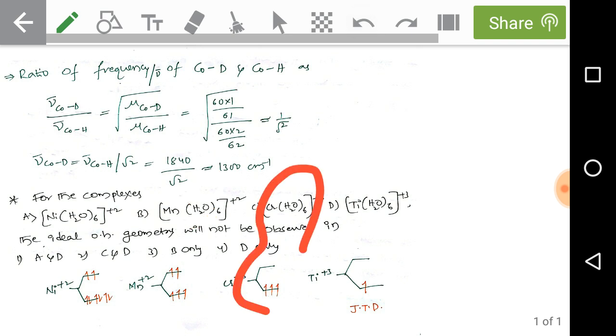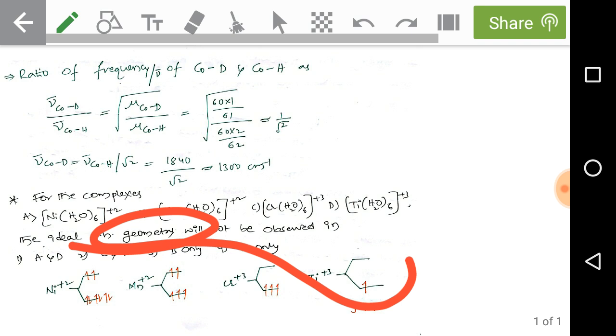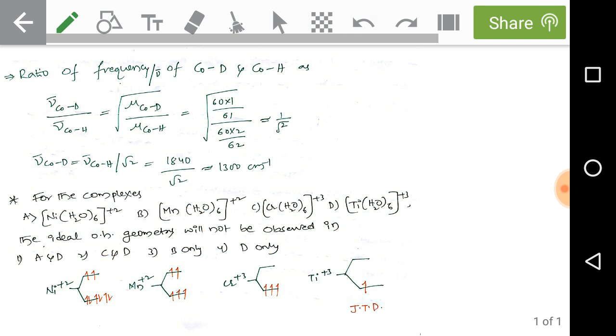In the chromium complex also 3 electrons are filled in t2g in a symmetrical way, whereas in titanium(III) only 1 electron is there in t2g. That's why we can consider it unsymmetrically filled, and unsymmetrically filled orbitals lead to deviations, that is Jahn-Teller distortions, which are observed in the titanium(III) complex here. That's why the ideal octahedral geometry is not observed for the 4th complex.